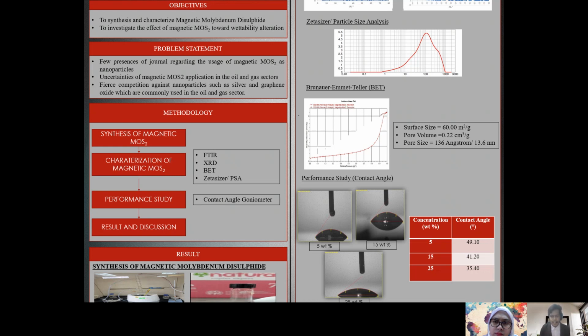This is to ensure that the coating or the ion exchange can be performed efficiently. Okay, while dropping the solution of iron 3 and iron 2 chloride, the mixture needs to be stirred continuously and under a nitrogen flow of 40 L per minute.